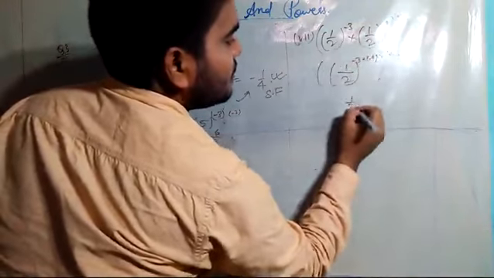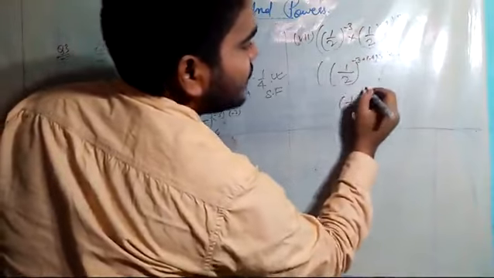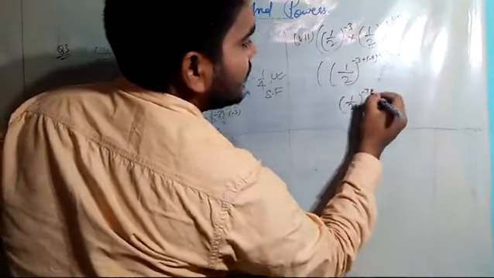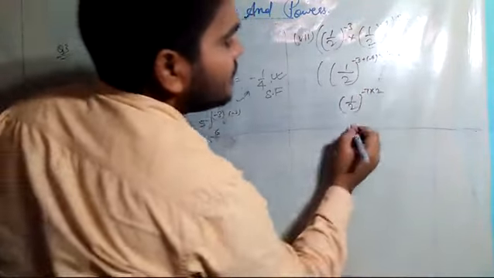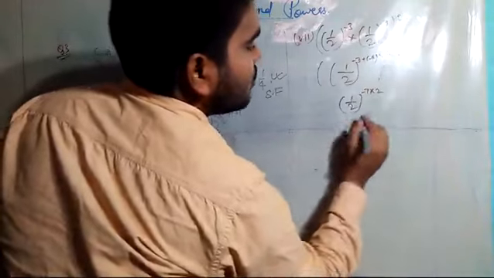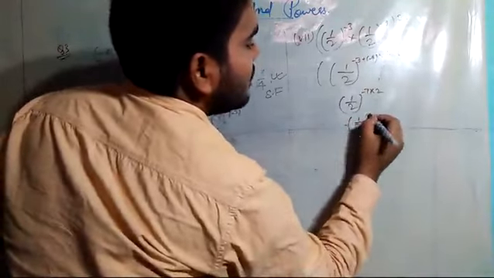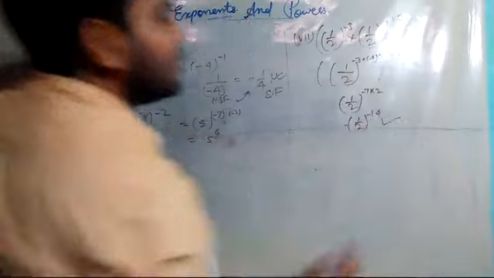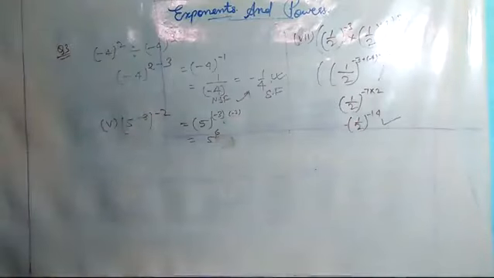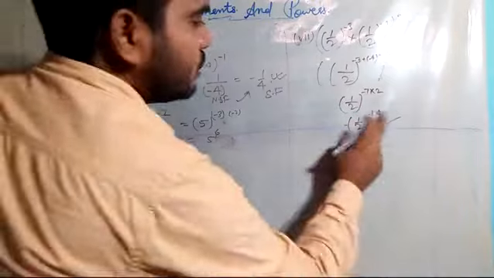That means (1 by 2) raised to the power minus 7, and multiplied with 2. I have applied the m into n rule here. So (1 by 2) raised to the power minus 14. This will be your answer for 3 subpart 7: 2 raised to the power 14, or 1 by 2 raised to the power minus 14.